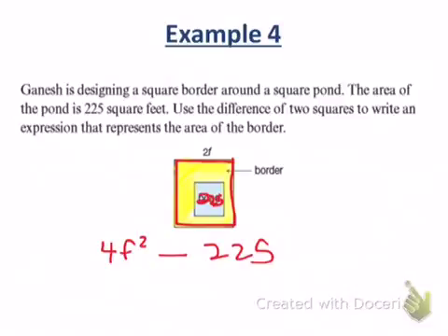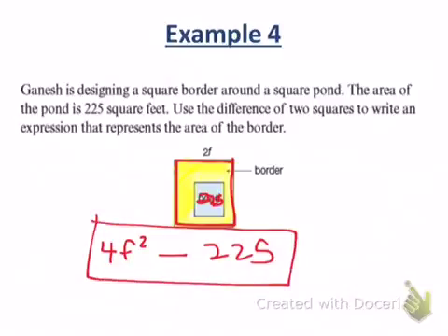Use the difference of two squares to write an expression that represents the area of the border. Is that a difference of two squares? Yes, 4f squared is the square of 2f, and 225 is the square of 15. So you can just leave it like that. It doesn't say factor it, it just says write it as a difference of two squares. That is a difference of two squares. Now, if you did factor it, you'd be okay.